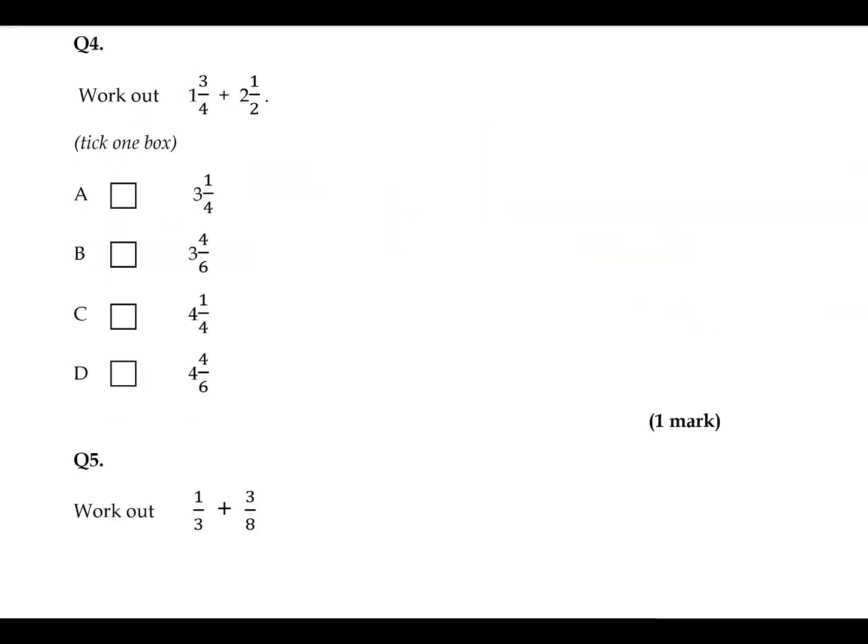Question 4. It wants us to work out 1 3/4 plus 2 1/2. Now, because we've got quarters and halves, we should be thinking about doing this as our clock times. So if we start off at 1 3/4, in other words 1:45, and we add 2 hours, we end up at 3:45.